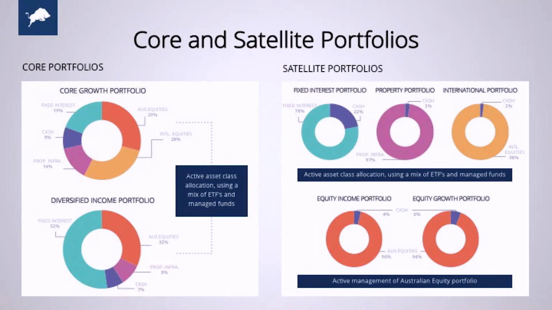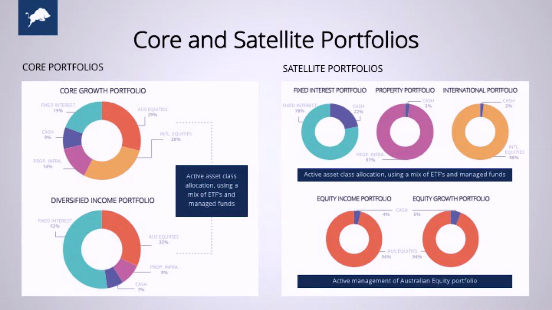Now, on this next slide, we're talking about core and satellite portfolios. What I mean by core portfolios are the basic diversified portfolios that we have, so our core growth and, say, our diversified income. People can use these 100% solely for their total investing needs, buy into one of those, and set and forget that portfolio.